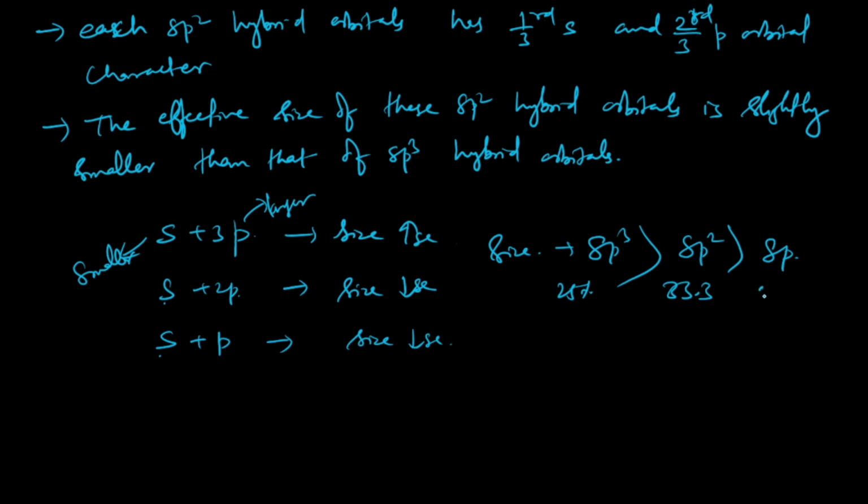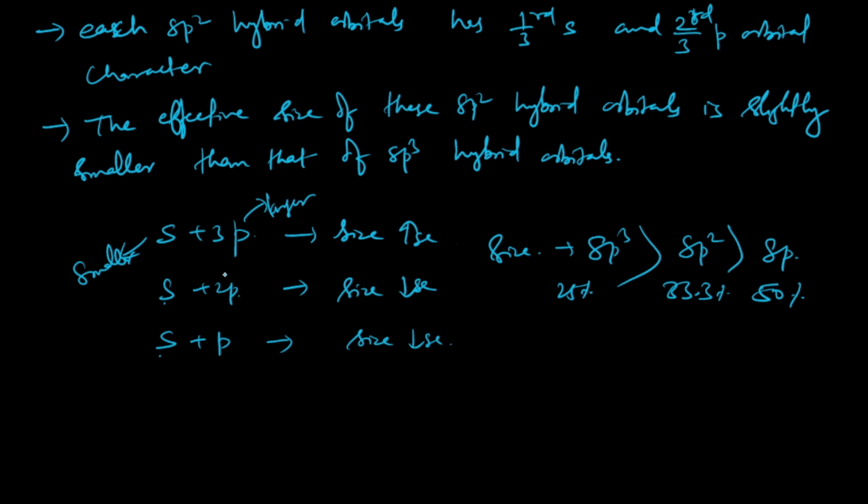Here in sp it is 50%, the smaller size s orbital's contribution is 50%. As the smaller size contribution is increasing, the overall size of the hybrid orbitals will decrease, or we can say it will be small. Correct?